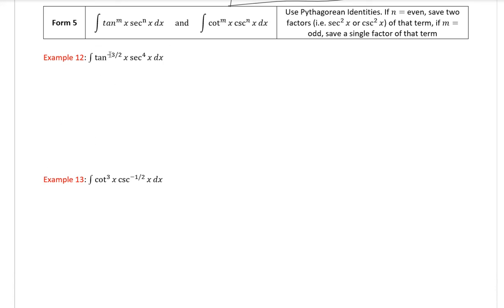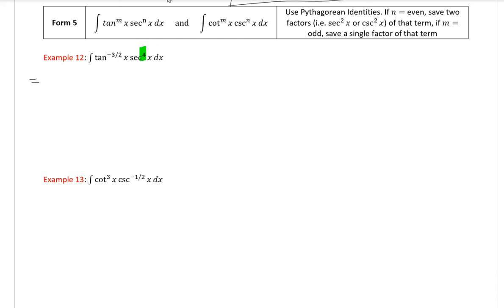We have tangent to the negative 3/2 x, that's neither odd nor even, and we have secant to the 4th x, that's even. So that's going to fall into the first case, where we have an even amount of secant or cosecant, and so what we're going to do is make sure that we save some amount of that. We're going to save some secant squared amount of that, because that will involve my du piece.